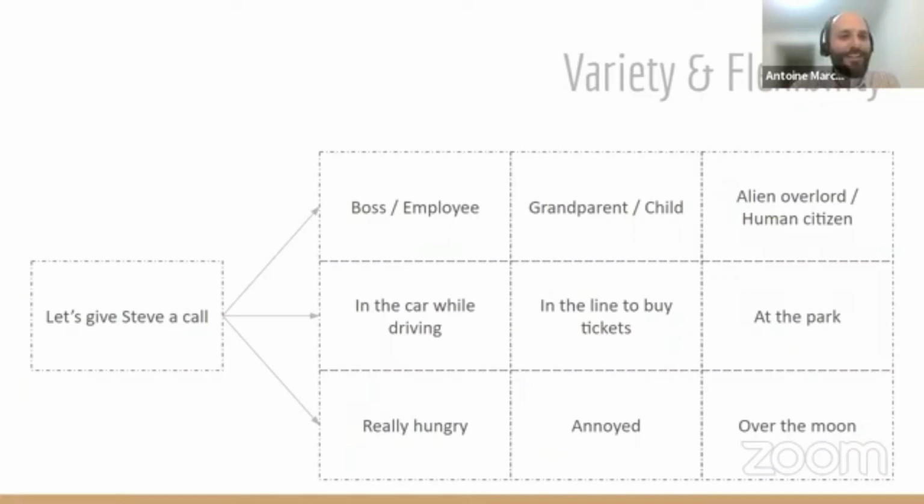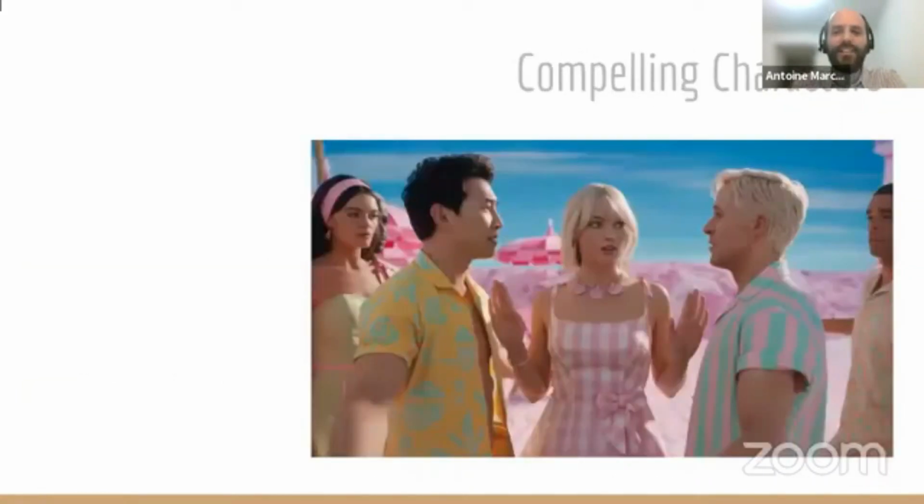But I do want to tackle our last and very important element, compelling characters. We're going to take a leaf out of the book of storytellers, book writers, film directors, things like that, because a compelling character is very important to engage learners, to engage students.